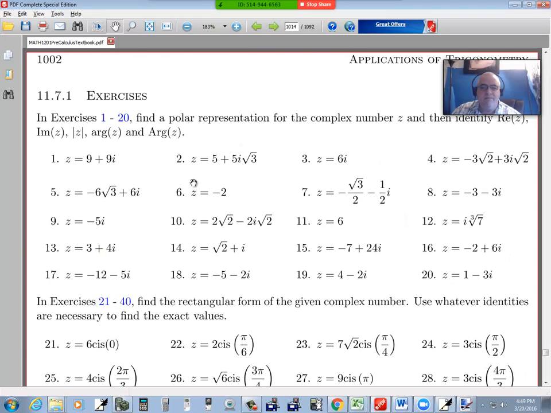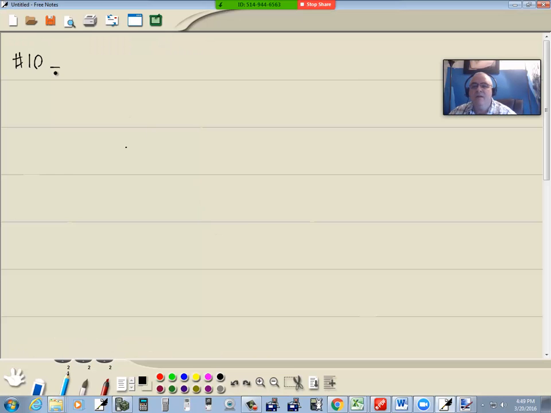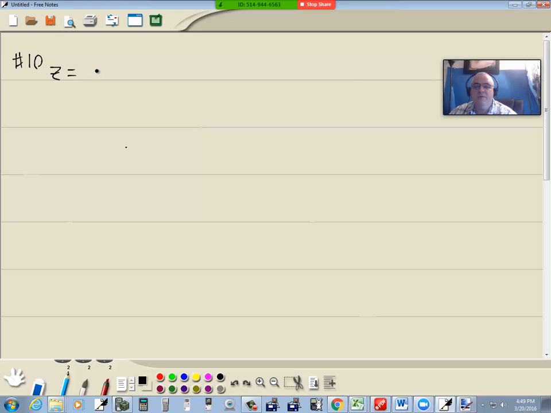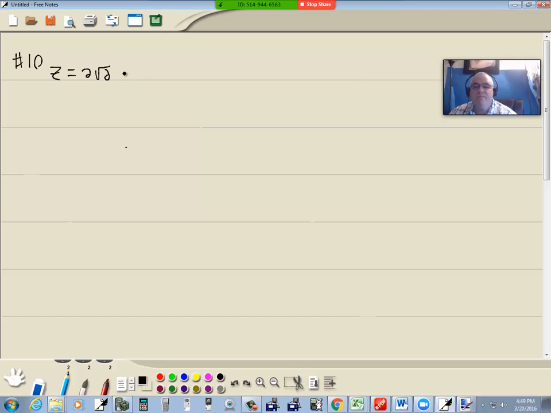And number 10. Okay, z is equal to 2 square root of 2 minus 2i square root of 2. I'll put the i at the end.